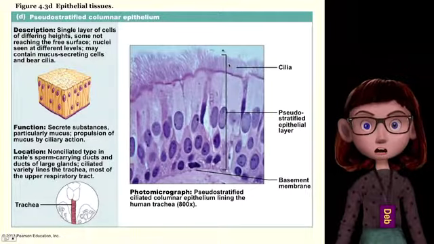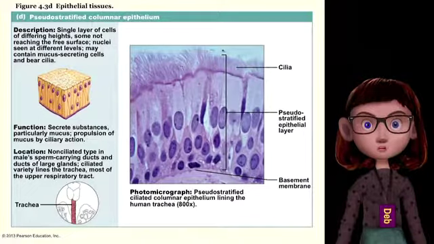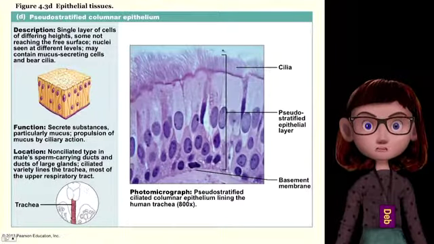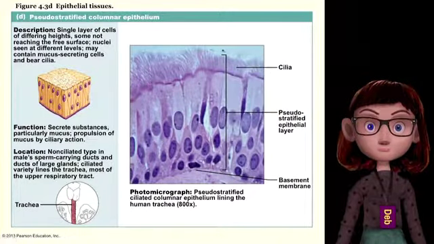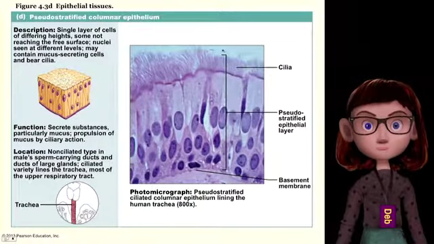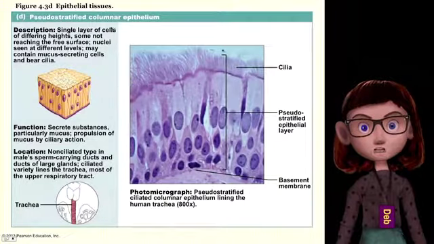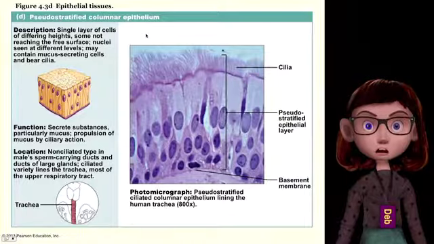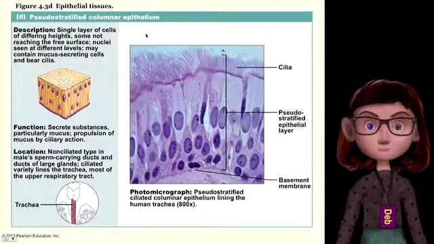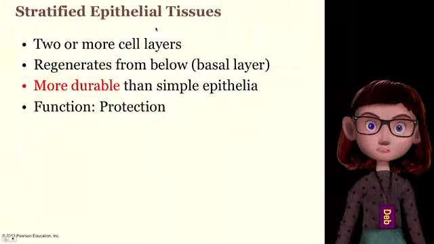The mucus can trap dust and debris and bacteria, and then the cilia are moving, and they will move that up toward the pharynx so that the trapped debris and pathogens possibly can then be expectorated or spit out. There are also some simple columnar epithelium examples that have cilia, but not in this location. This is pseudostratified columnar epithelium.